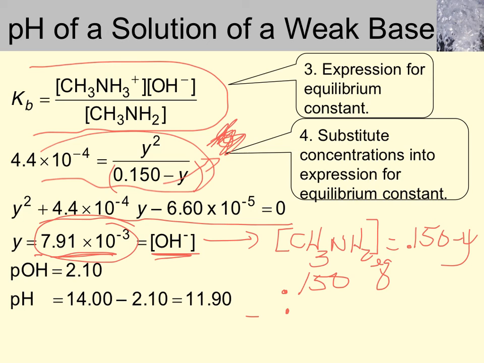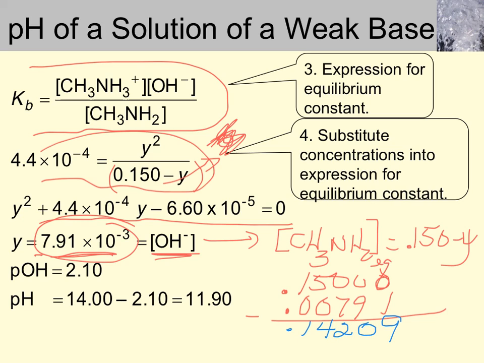So that's 0.00791, just going to put zeros in it. Let's see how much difference that makes. If I subtract these two, I get... that's quite a bit of difference.